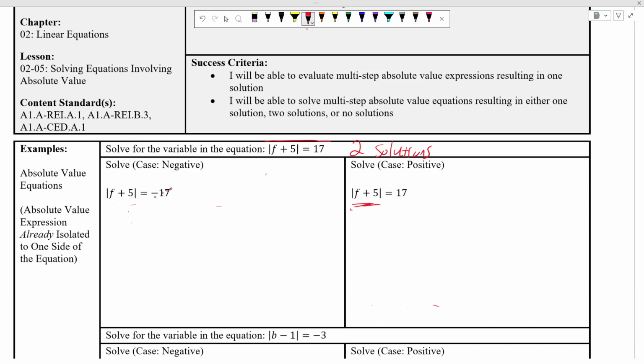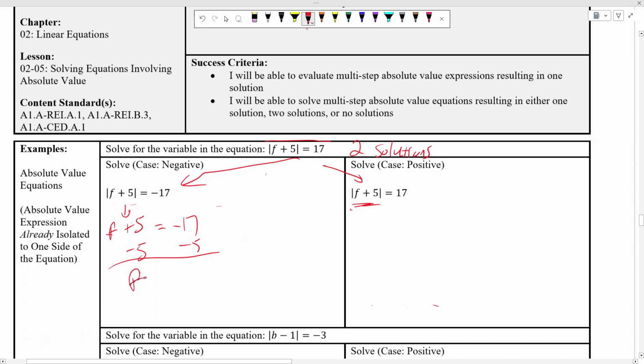When you have it branched off like this, here's one branch, here's a second branch, I can simply, air quote, ignore the absolute value. So really they just drop off. And I wouldn't say transform. What I would say is, it equals negative 17. And now you can see this is just simply a one-step equation.